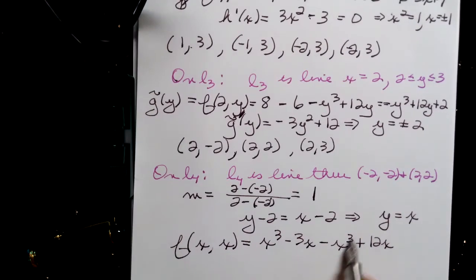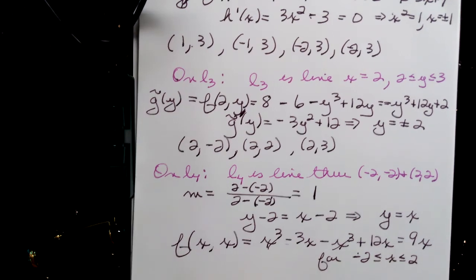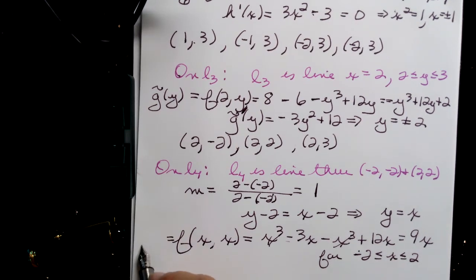Okay, and so the x cubes cancel, and we get that f is just 9x, and that's as x goes between minus 2 and plus 2. Okay, so now that's a function of x only. Let's call it h tilde of x.